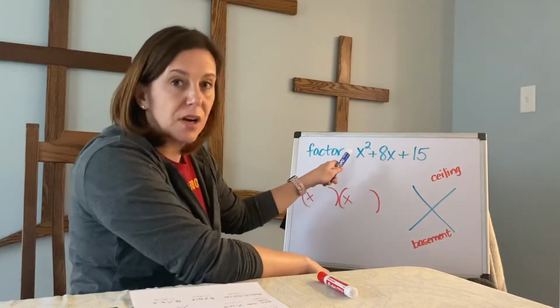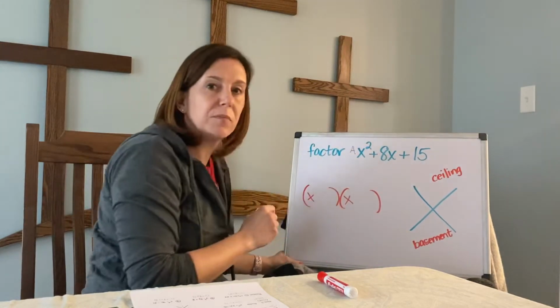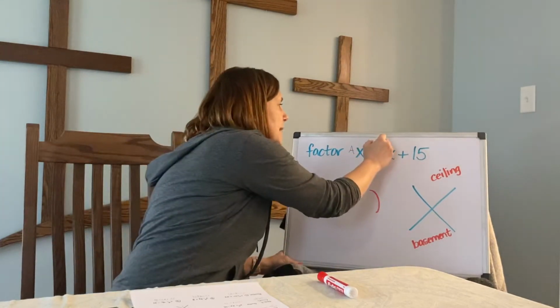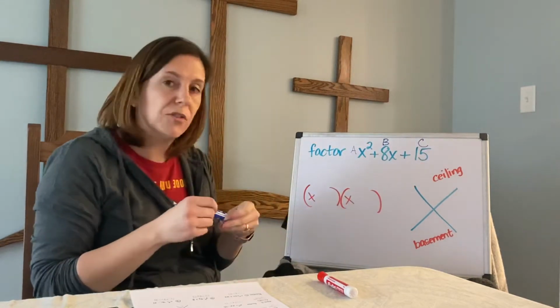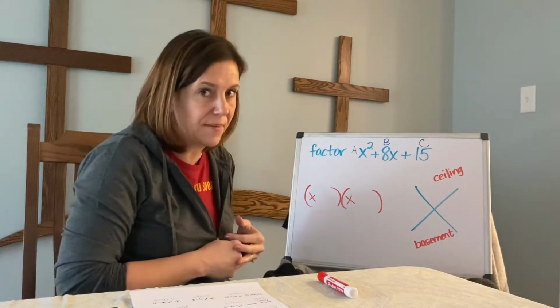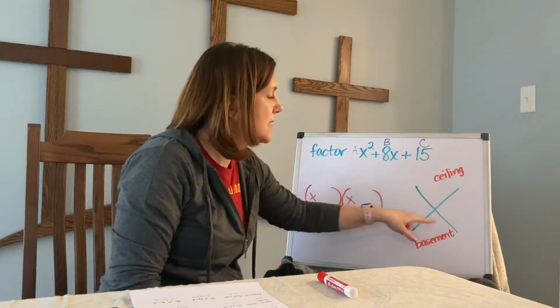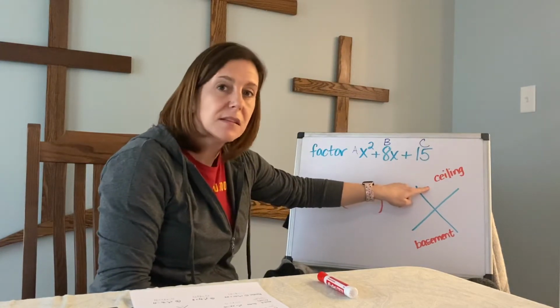Now, remember, standard form. Here's my A, and in these problems, A is 1. Here's my B, and here's my C. When I went over how to solve these X forms, I used some words very strategically. In this X, the top part is my ceiling. Makes sense?